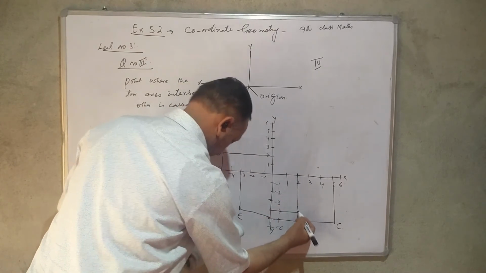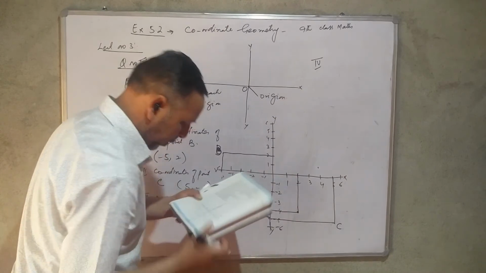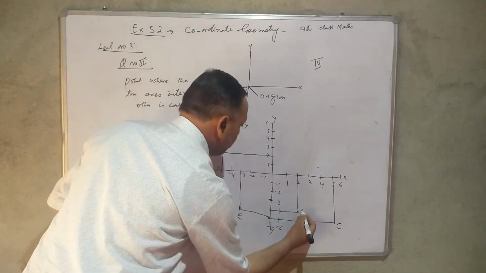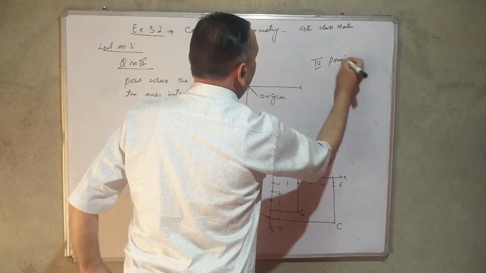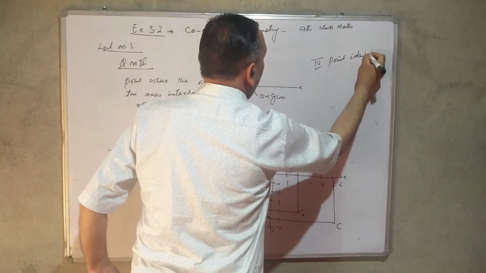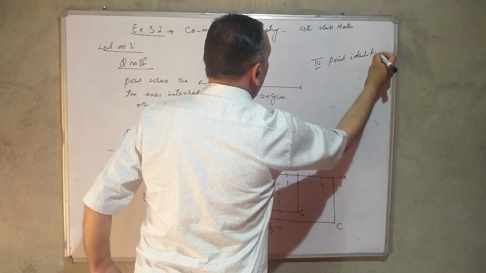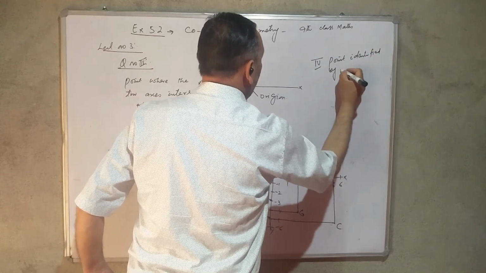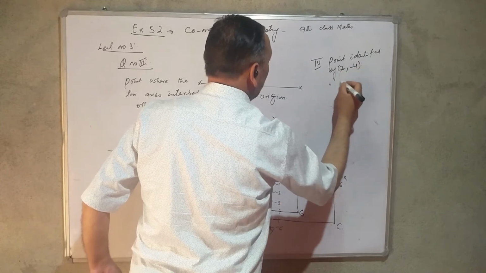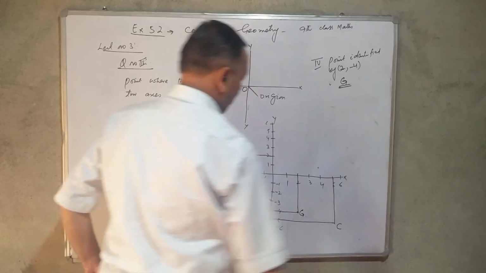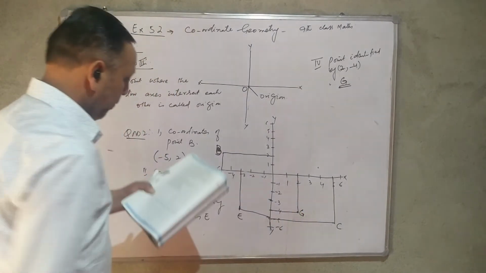This is point G. The point identified by 2 and minus 4 is point G. In the figure, it is point G here.